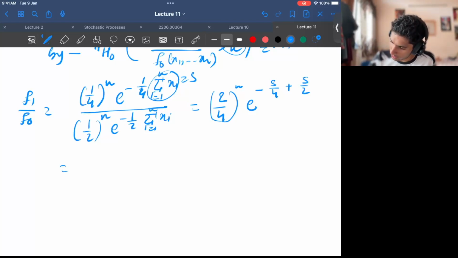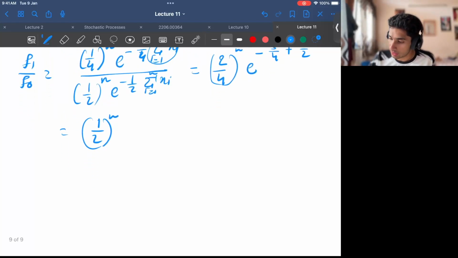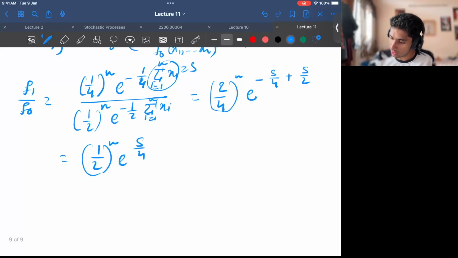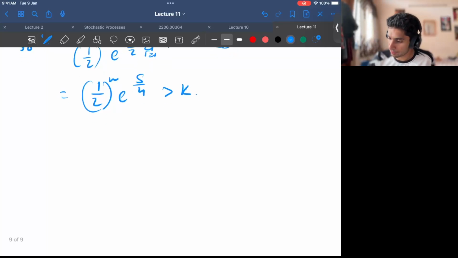This will become 1 by 2 raised to n, and s by 2 minus s by 4 is s by 4, e raised to s by 4. This thing should be greater than some k, right?